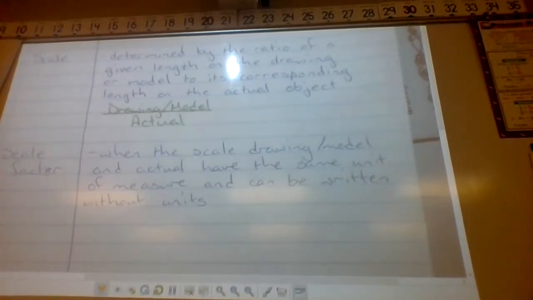So all those three answers you gave me, you have to put the labels, right? Yeah. When it's the same label, you don't have to. And when it's asking for scale factor, you don't have to put the label.